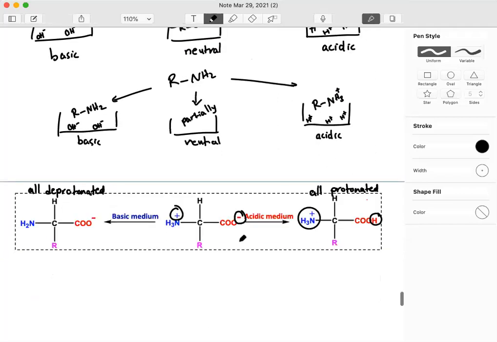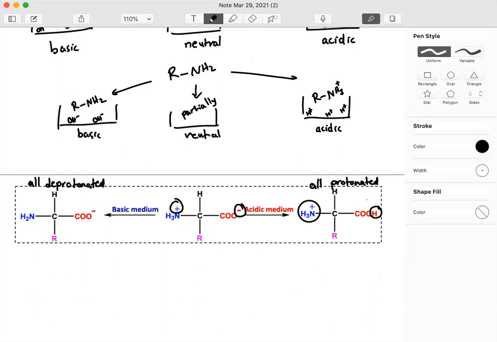طيب يبقى احنا we have a certain point, a certain pH at which this amino acid exists as a Svitter ion.